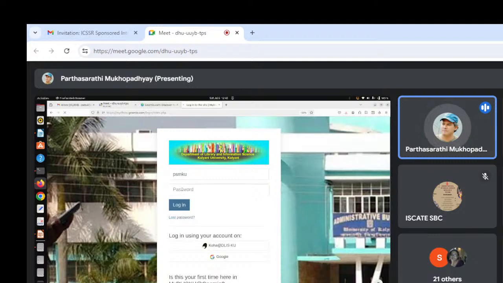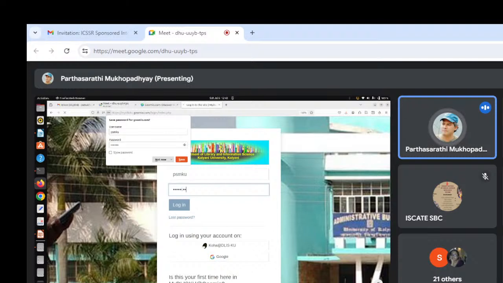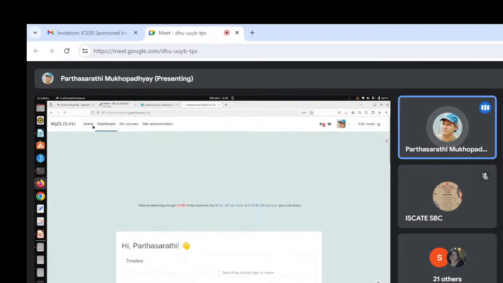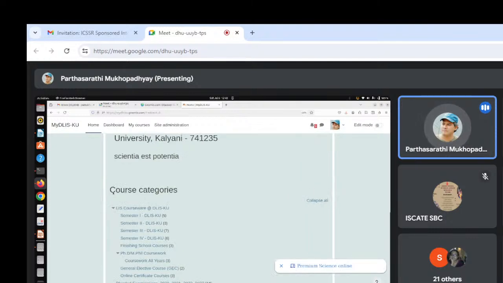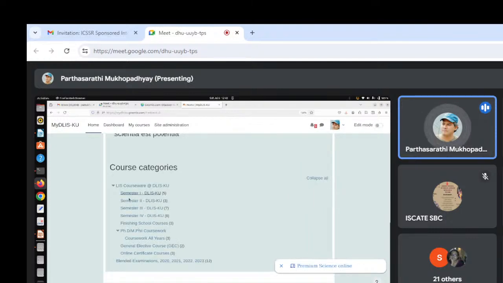I can enter as an admin of the system, and you see how we have customized things. The entire semesters we are running from here. Each of these semesters, we are running PhD coursework, examinations, the entire COVID period we conducted here, general elective courses for other departments we conduct here, and different RUSA-funded certificate courses we run here.